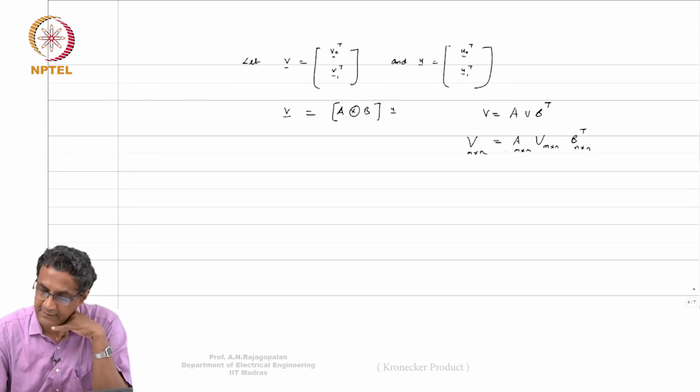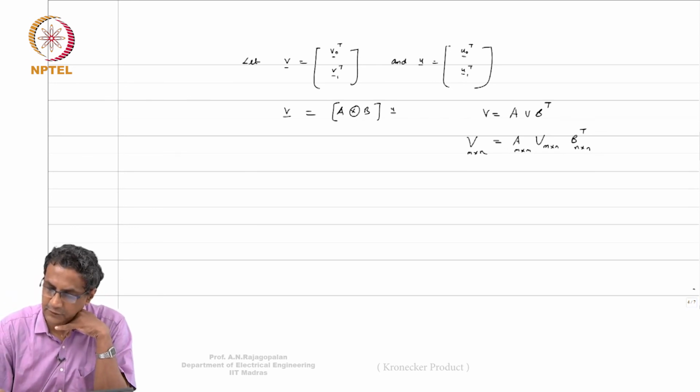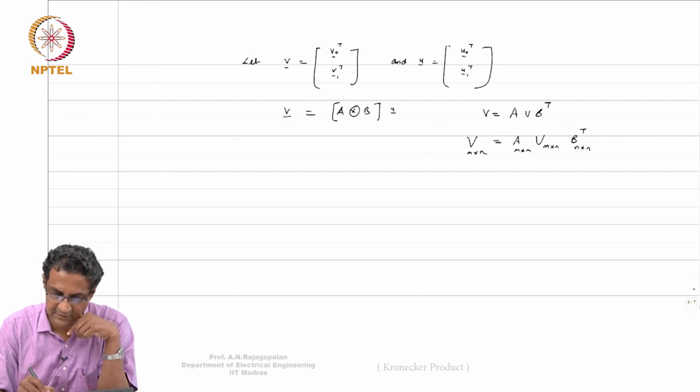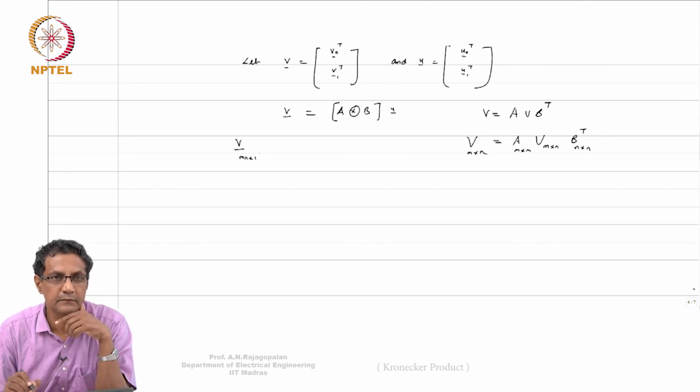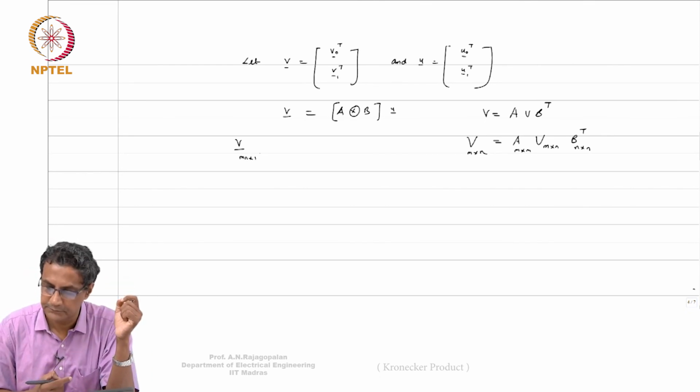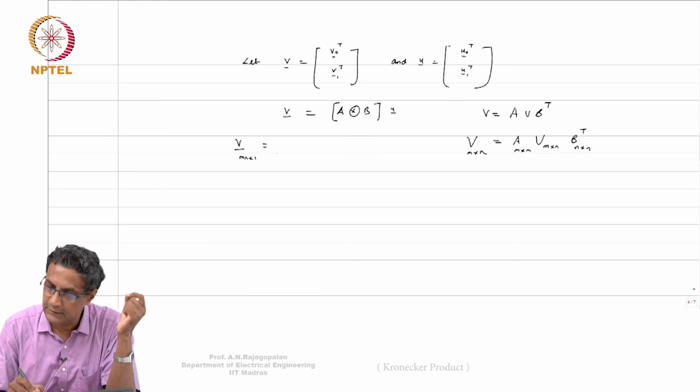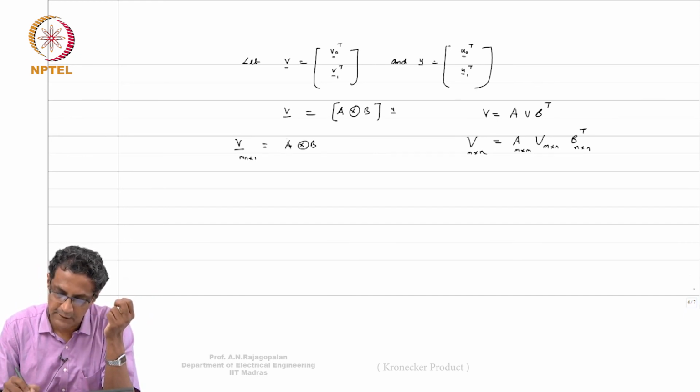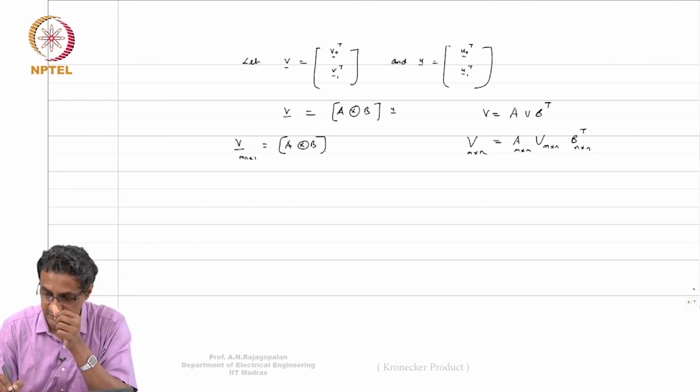Which means if you stack this matrix up as a column, this guy's dimension V will be MN cross 1, correct? You will stack it up as a vector, MN cross 1.